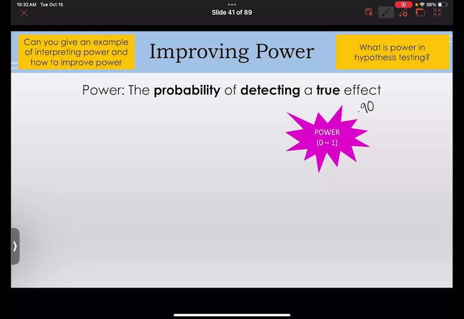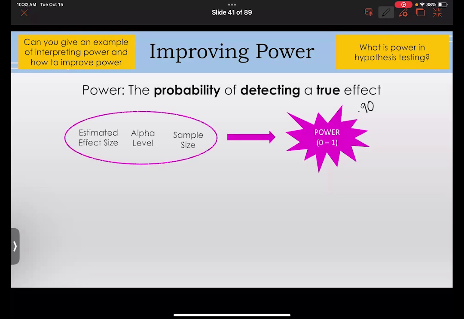So then the question becomes, what goes into getting a power of 0.9? 3 things: estimated effect size, alpha level, and sample size. Now, alpha level, we usually don't mess with, right? We usually tell our power analysis tool, whether it be G-Power or R, I'm going to use a two-tail hypothesis test at alpha 0.05.